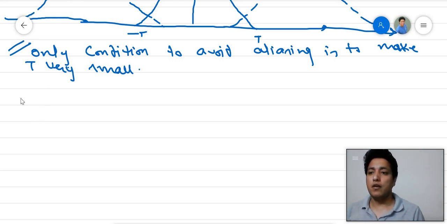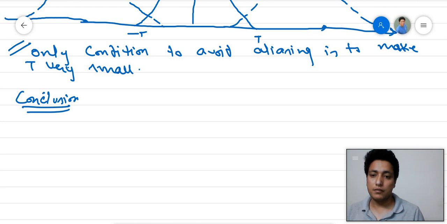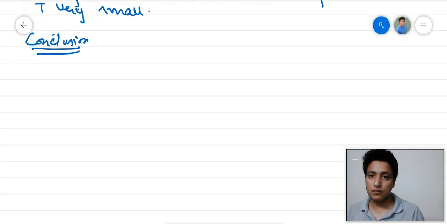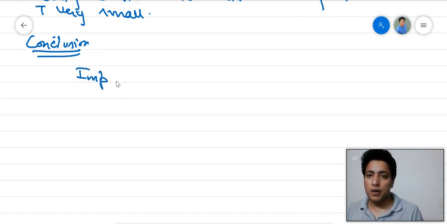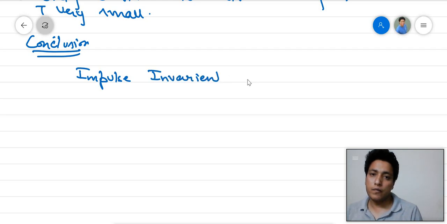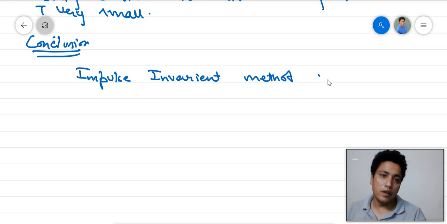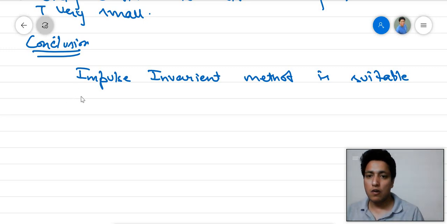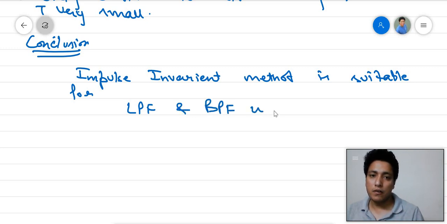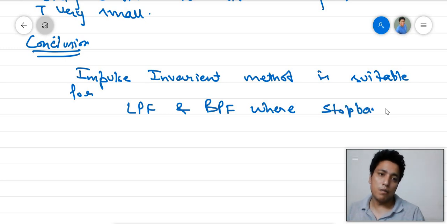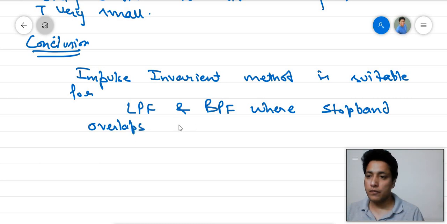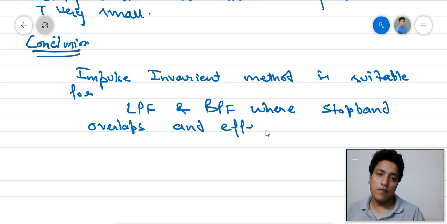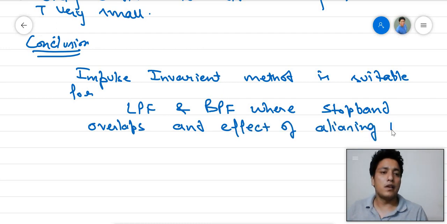Keeping the following points in mind, we can conclude that the impulse invariant method is suitable for low pass filter and band pass filter, where stop band overlaps and the effect of aliasing is minimum, because we are much interested in the pass band.